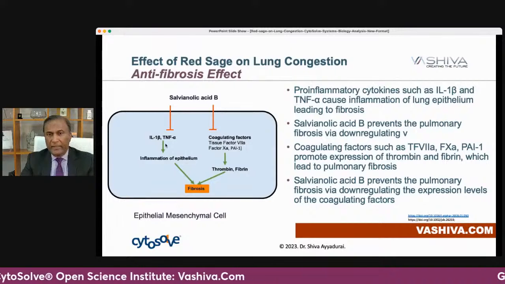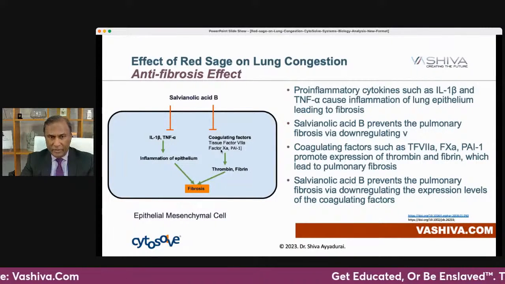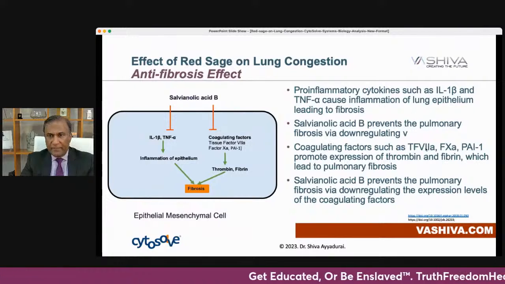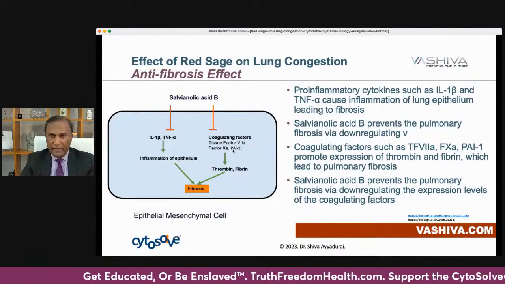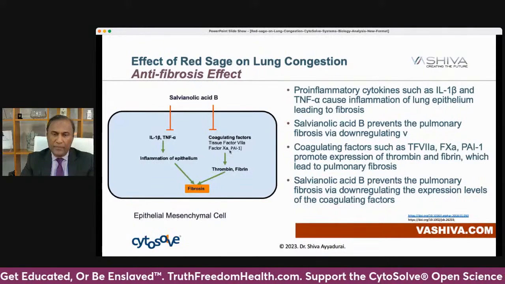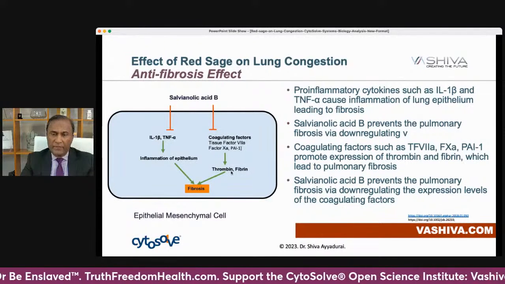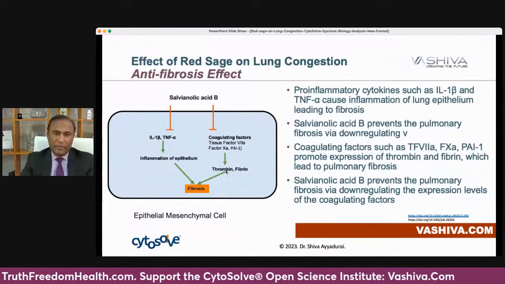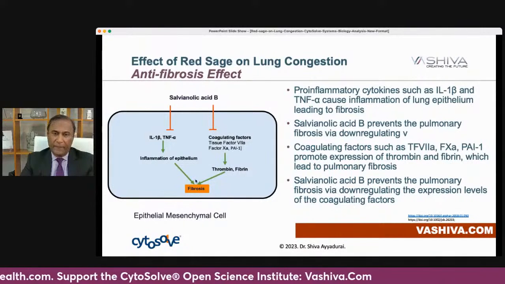Okay. Now, over here, there are coagulating factors such as TF, FV2A, FXA, and PII right here. And these promote the expression of thrombin and fibrin, and these are things that lead to pulmonary fibrosis, what my mom had, okay?